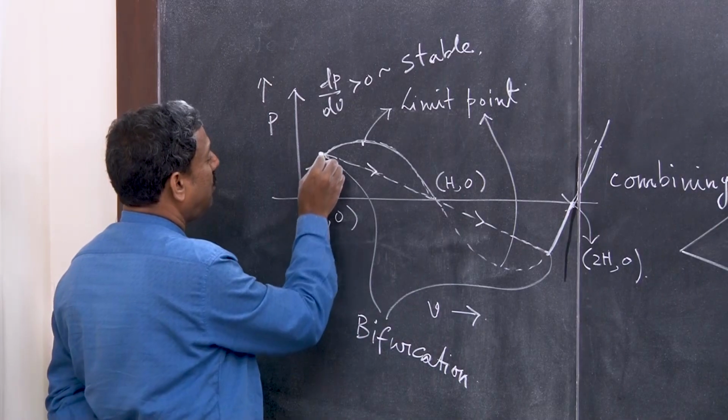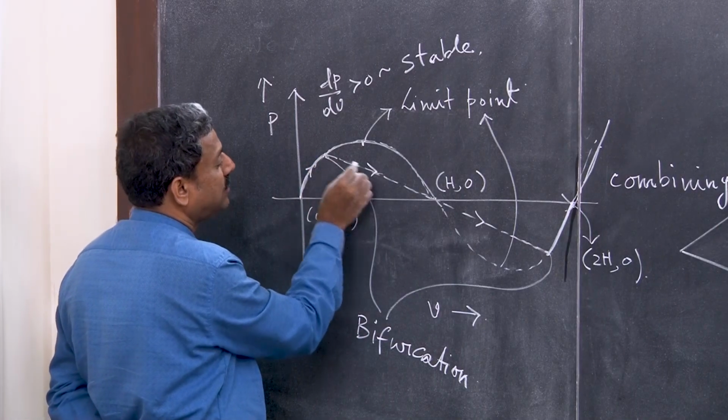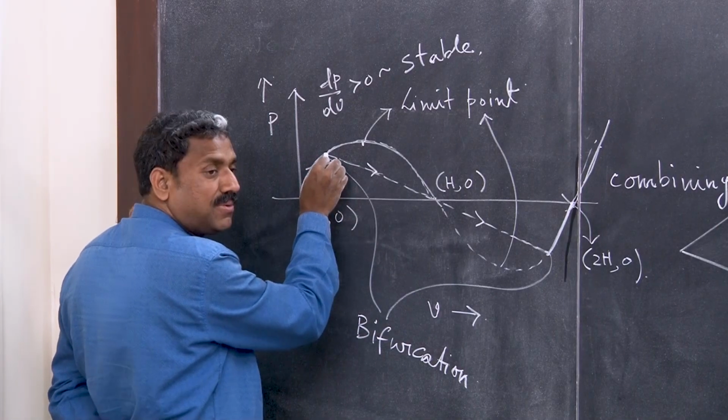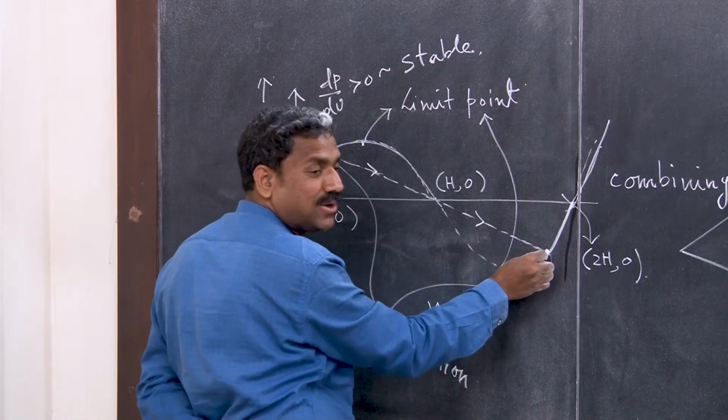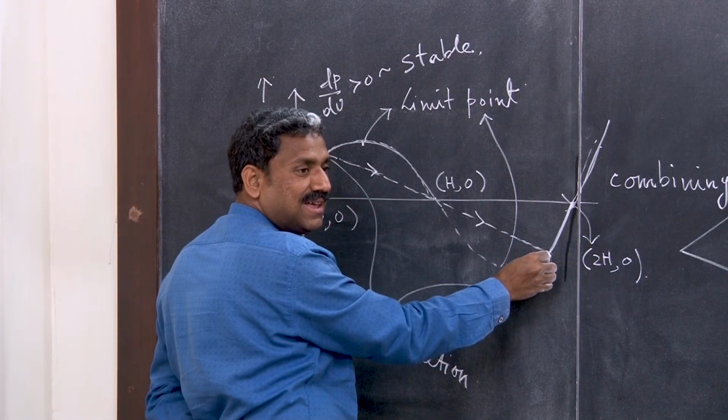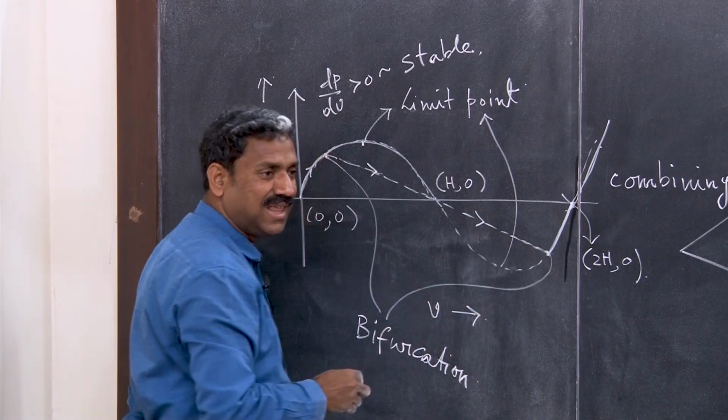Now, if you go this way, and instead of this, if it follows this path, then what will happen? From here, if you go by load control, it will suddenly go into this position, right? Do you see that?